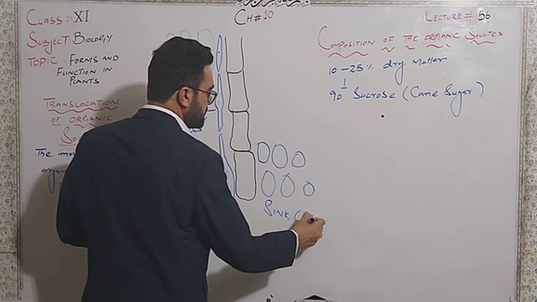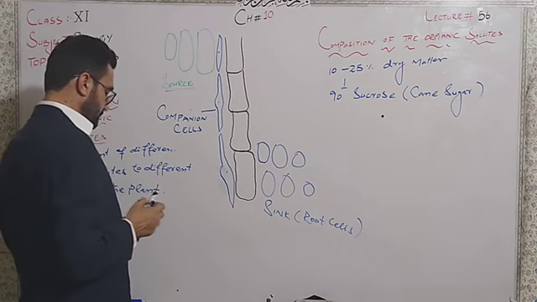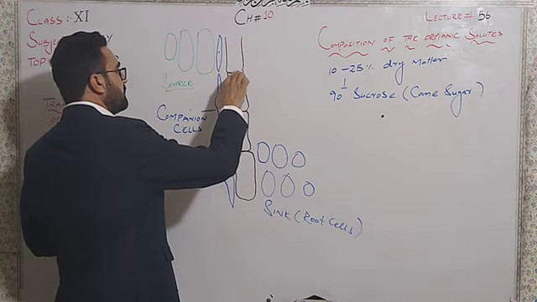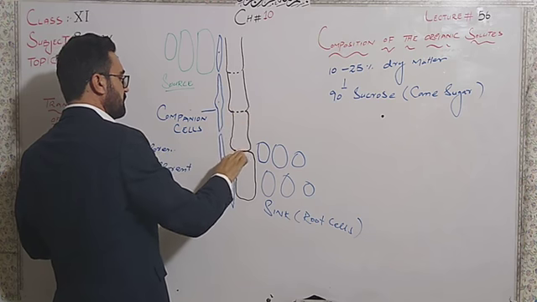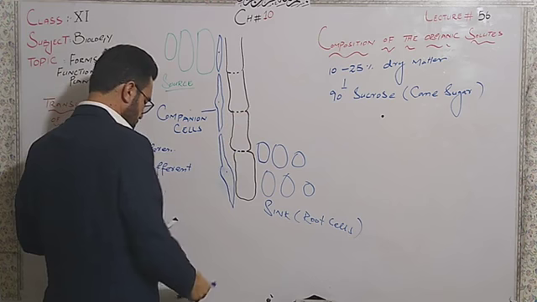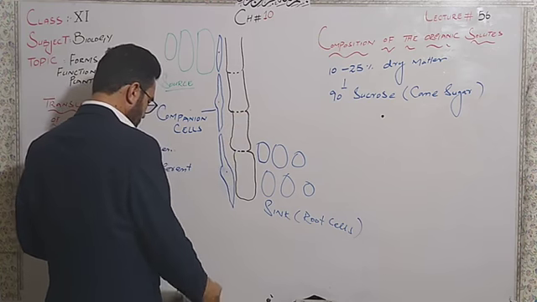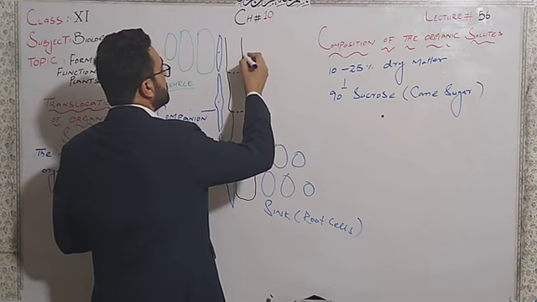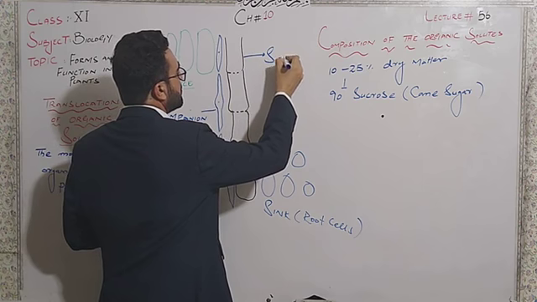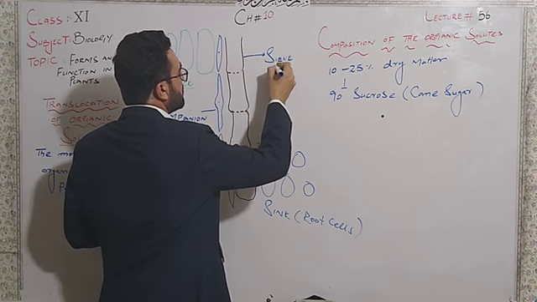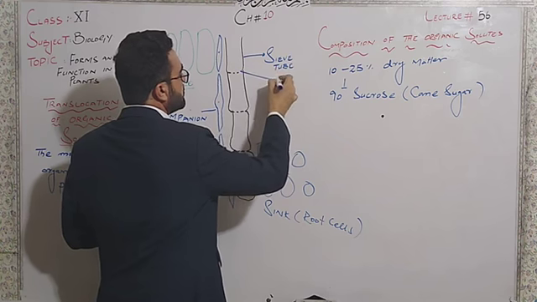You can see the root cells. This is the sieve plate.